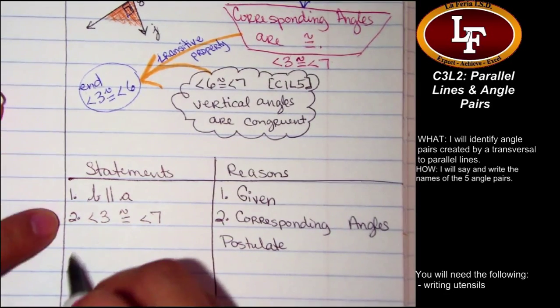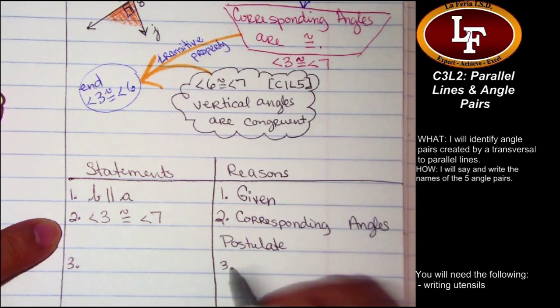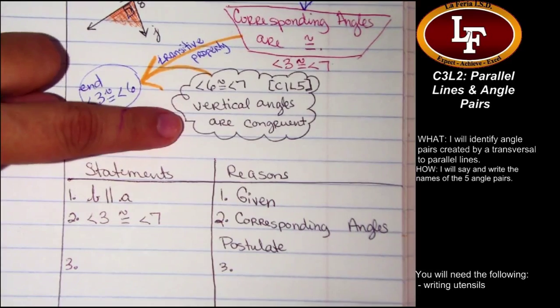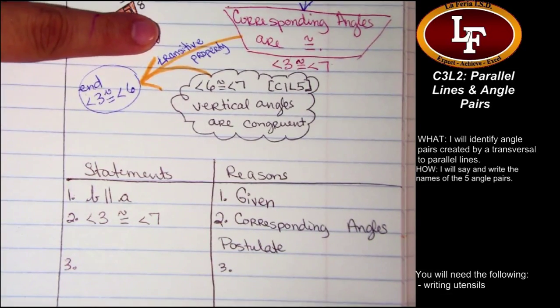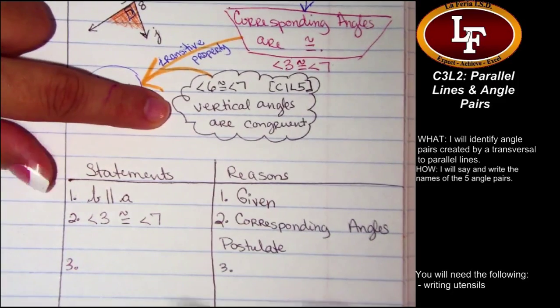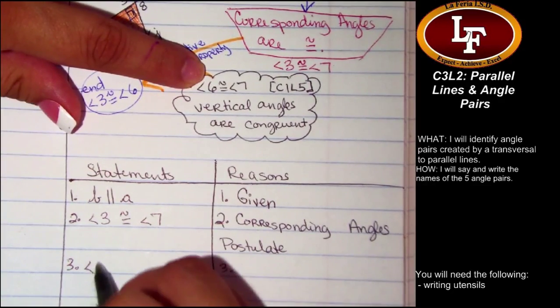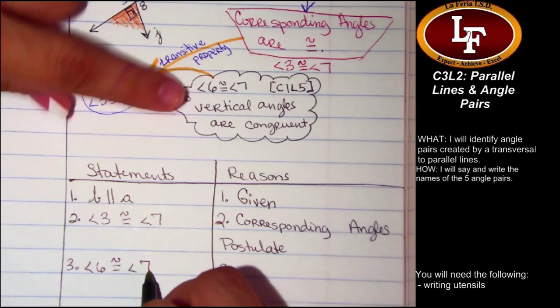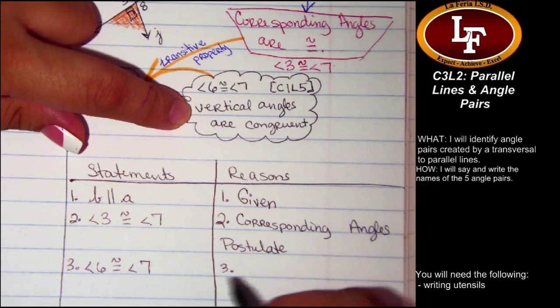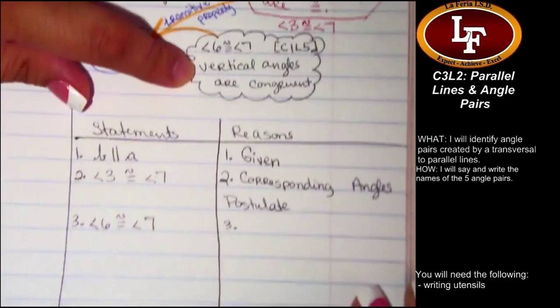All right. The next thing that was said was this thing here about the vertical angles, yes? Because we need this before we can connect it together. So this statement is here that angle 6 is congruent to angle 7. And the reason we said that was because vertical angles are congruent.